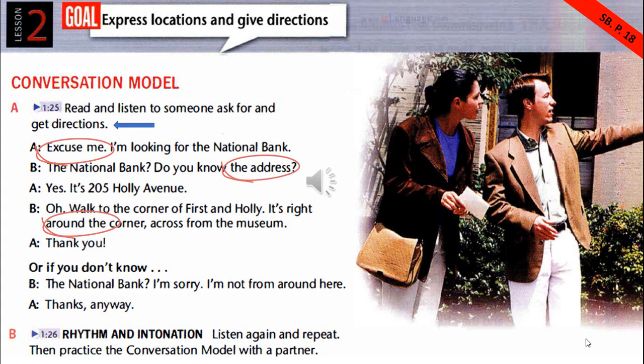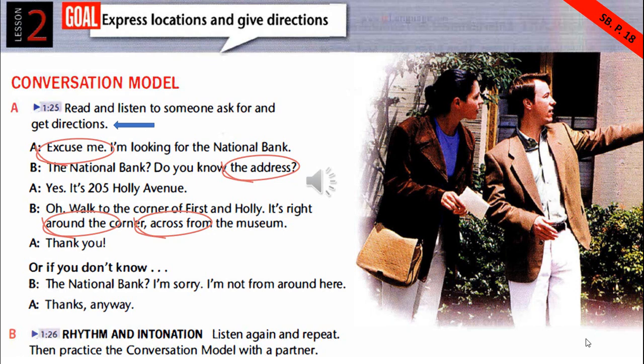Corner means the corner of the street. First and Holly is the name of the street. It's right around the corner, meaning around the corner of the street. Across from the museum. Across means مقابل.